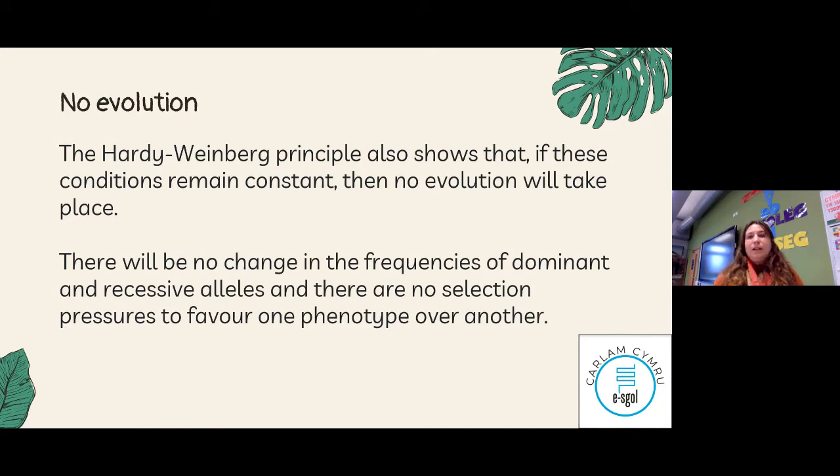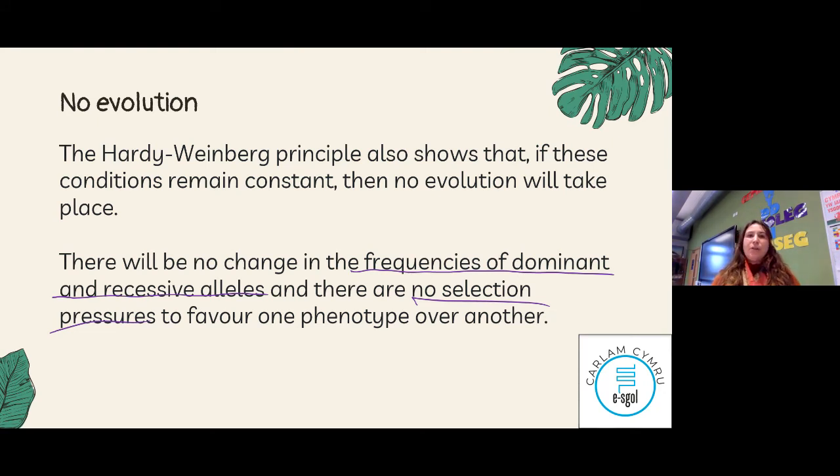So let's look at the fact that there'll be no evolution. So the Hardy-Weinberg principle also shows that if these conditions remain constant, no evolution will happen because nothing's going to change. So there's going to be no change in the frequencies of dominant and recessive alleles, and there are no selection pressures to favor one phenotype over the other.